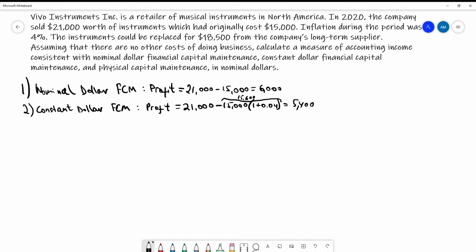Alright, and the third one, physical capital maintenance in nominal dollars. So here, the company ensures that it keeps enough capital to replace assets or inventory, and only after then it reports profit.